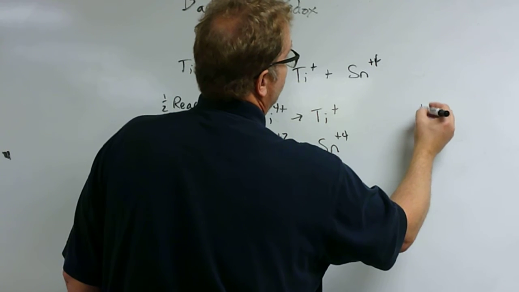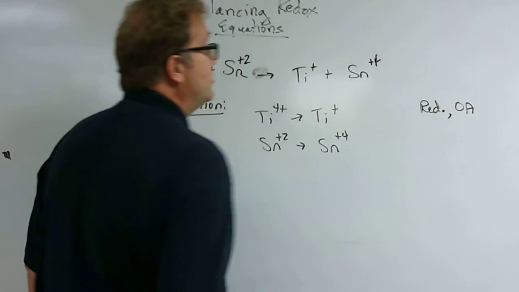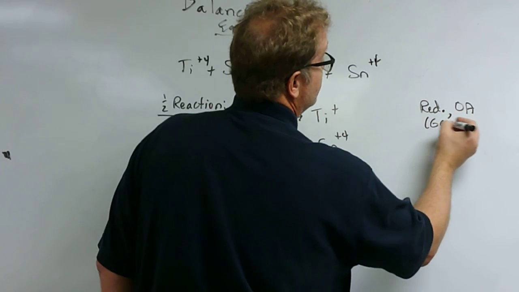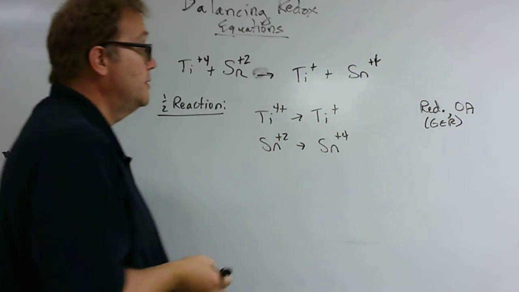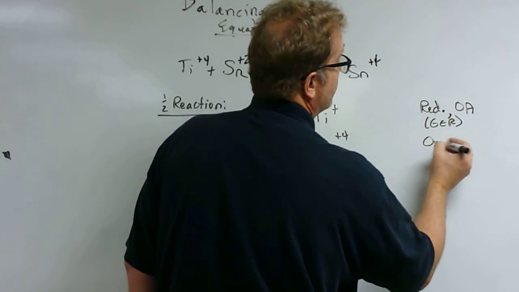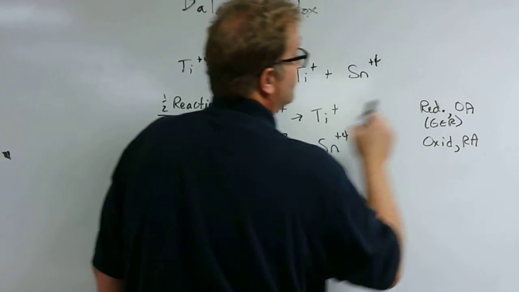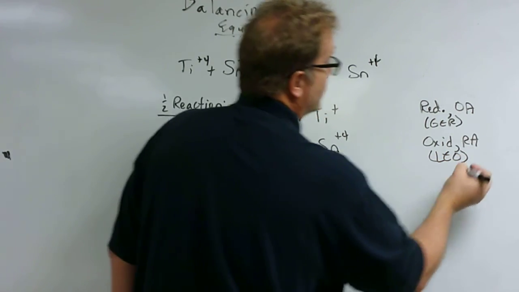So it reduced. It's an oxidizing agent. It's the GER, gains electrons reduced. And this one is oxidized, or went through the process of oxidation. This one went through the process of reduction. And this one loses electrons.